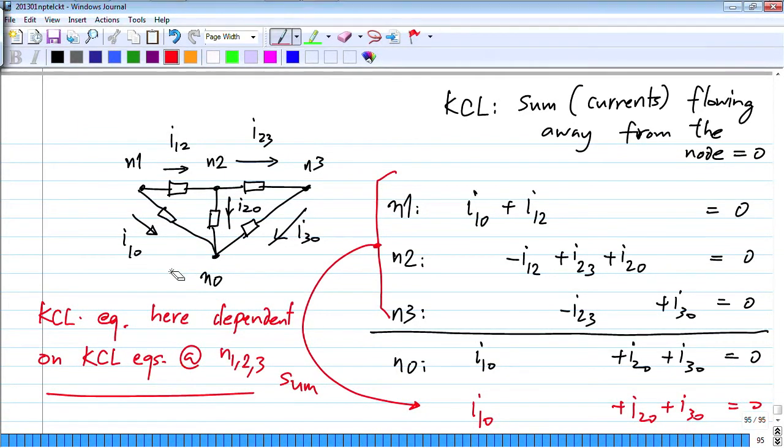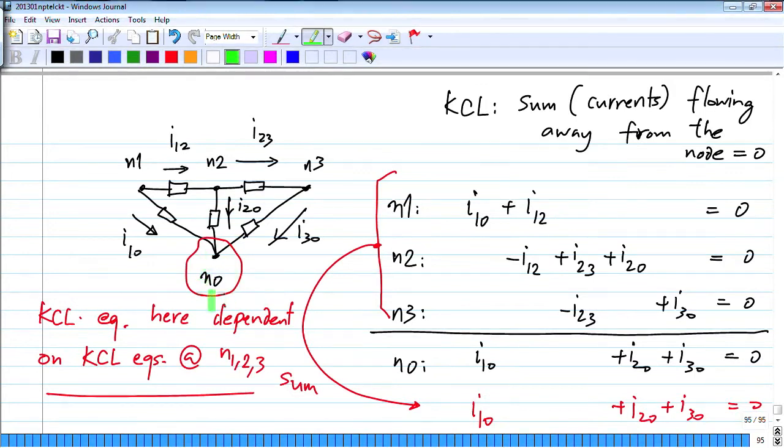Now we have this circuit. What do we mean by writing KCL at node n0? Essentially, we take this closed surface and the sum of currents leaving this surface will be equal to 0. Okay. By the way, I have to change the notation on the last one. My usual notation was to take the currents flowing away.